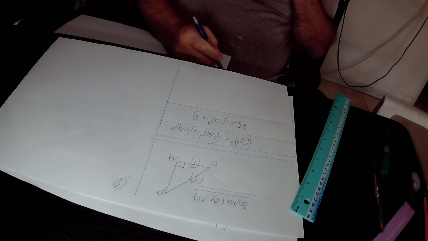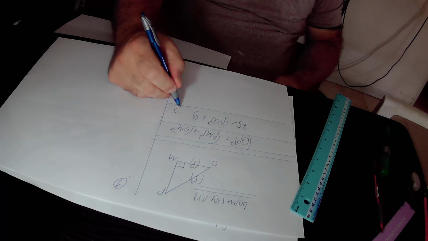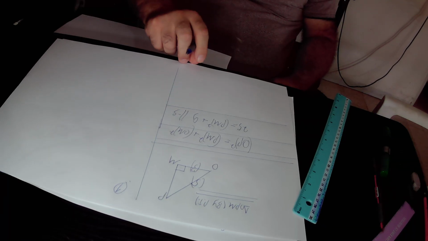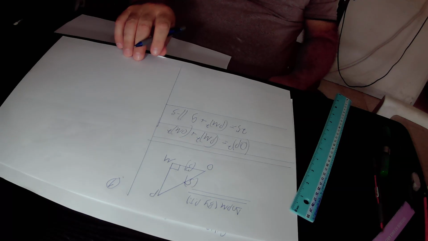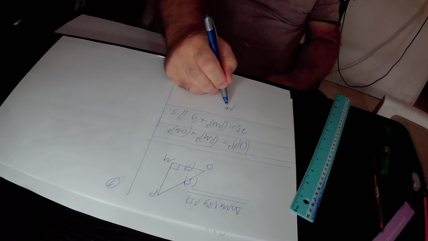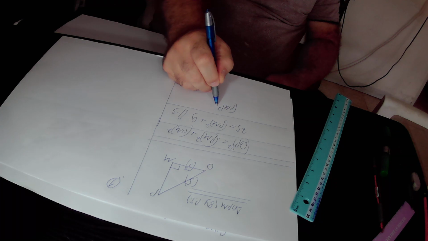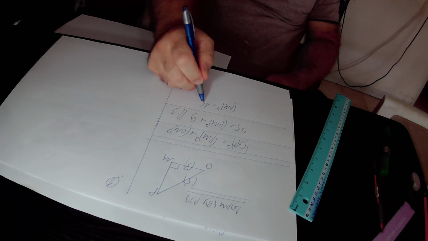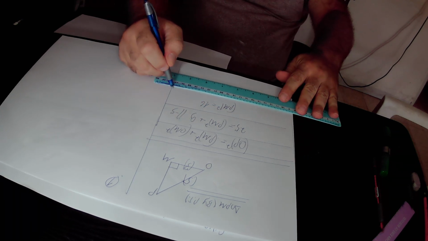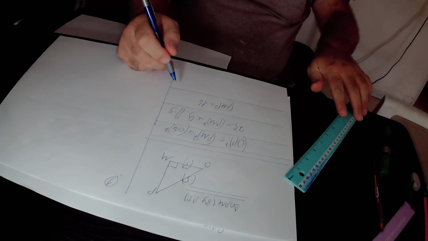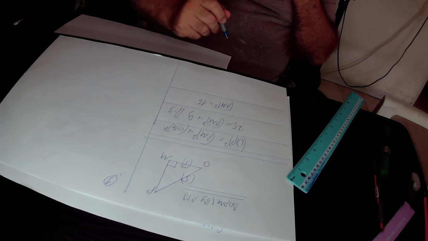Here we subtract 9 from this equation, and we get that PM squared equals 25 minus 9, that is 16. So PM squared equals 16.